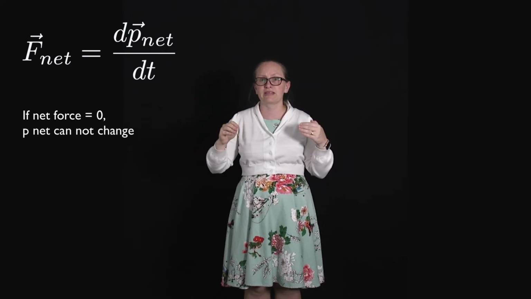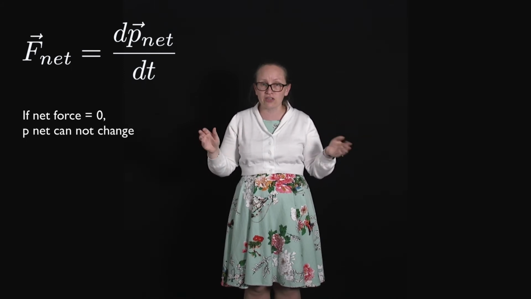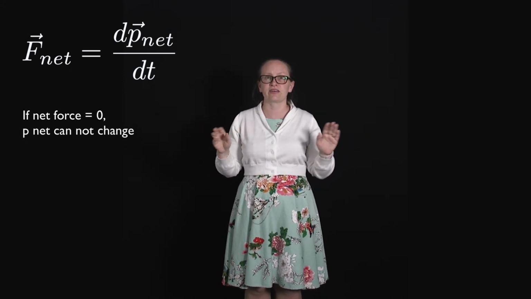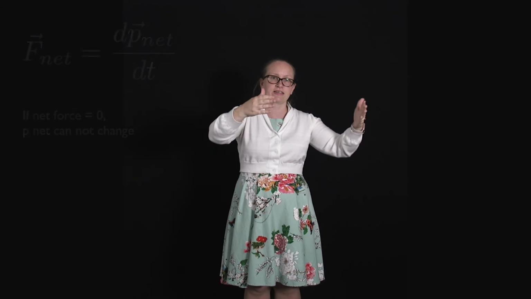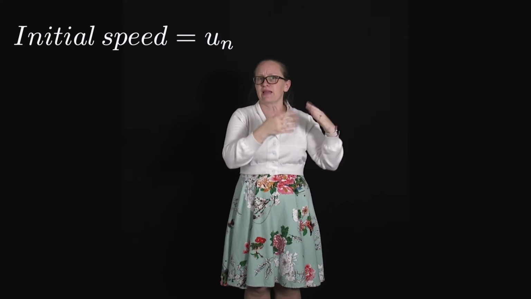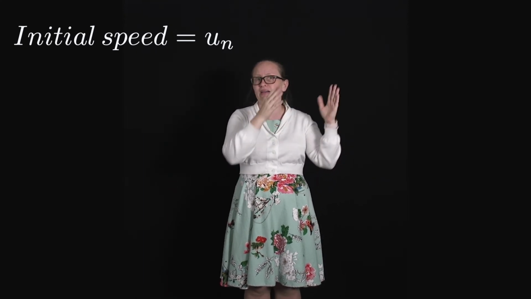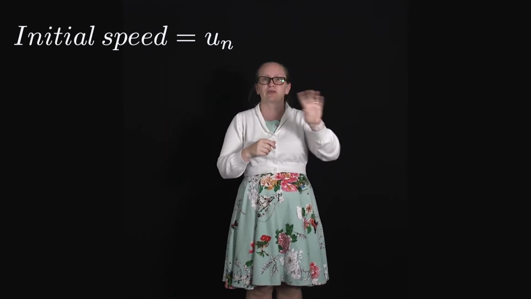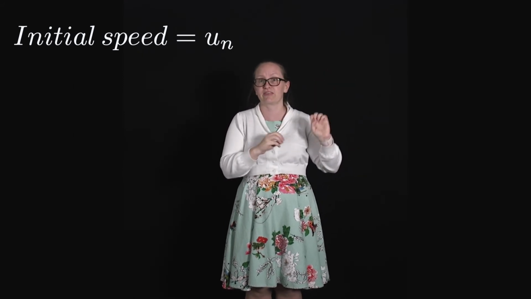And if the net momentum of a system is not changing, then consider a system which initially has all the particles traveling with speed u. The different particles can have different speeds, but we'll call each particle's speed u subscript n for whatever number we've given that particle.